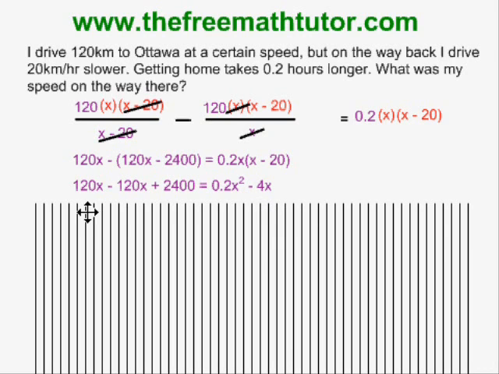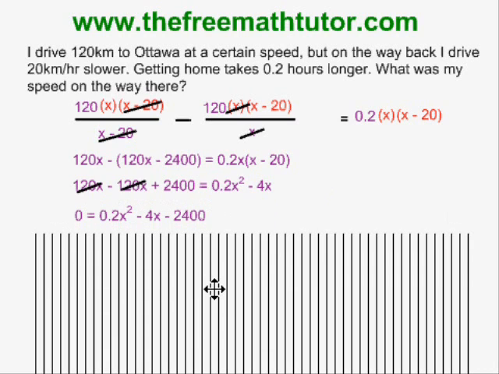This 120x minus 120x, of course, will also cancel. And I'm going to move the 2400 to the other side of the equals. My equation ends up looking like this. 0 equals 0.2x squared minus 4x minus 2400.